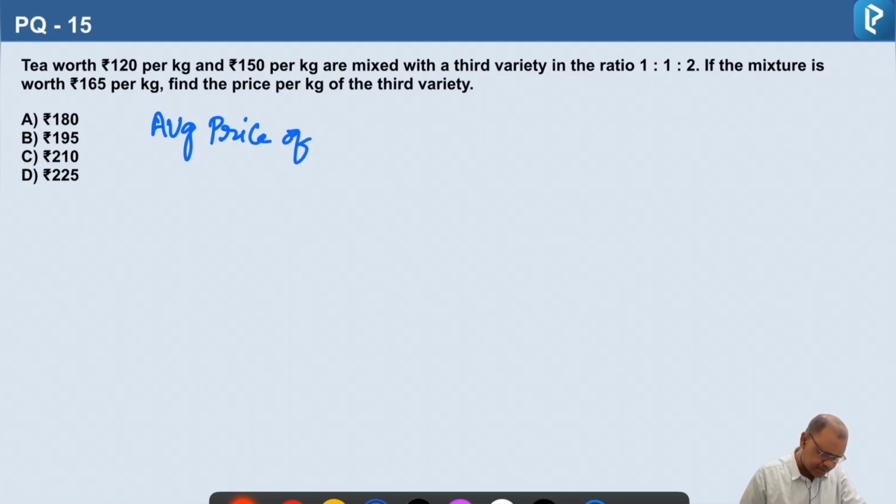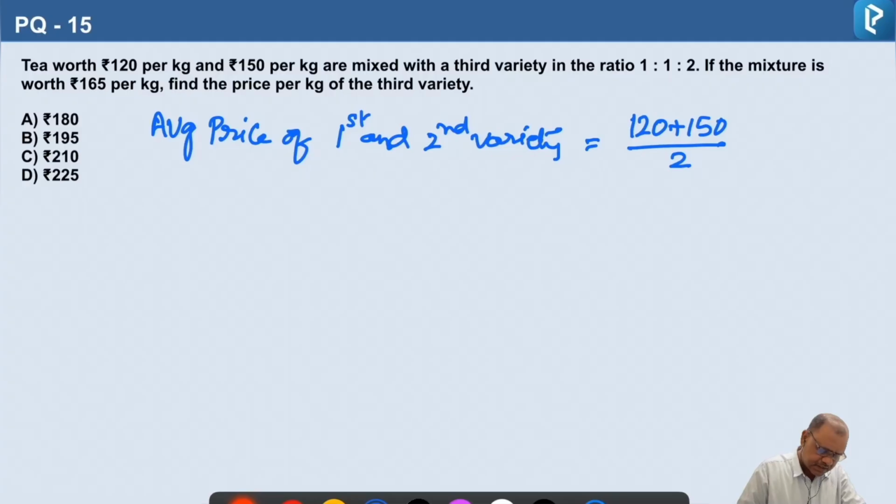The average price of the first and second variety is 120 plus 150 by 2.